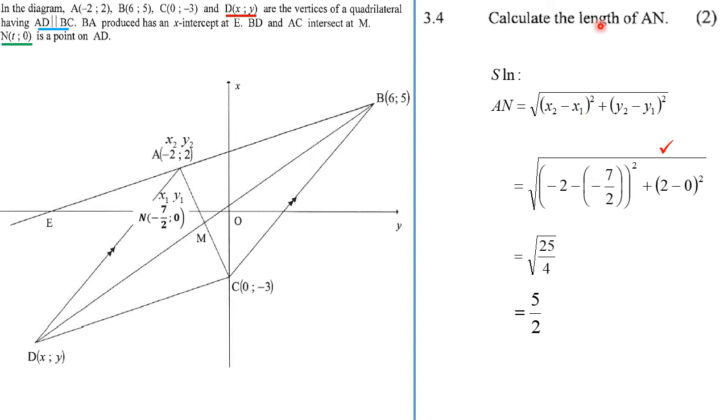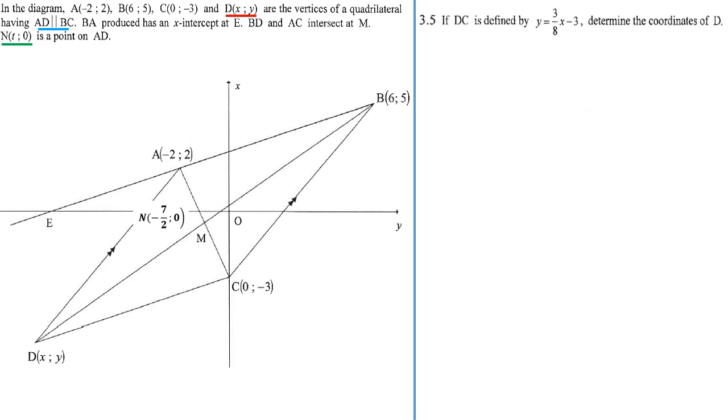Why? Because we're talking about length. So the language is important: length, distance. And then you get a mark for the final solution. I don't see a problem there. Let's move on. That is how you get your 2 marks.